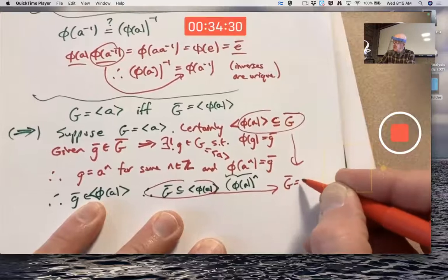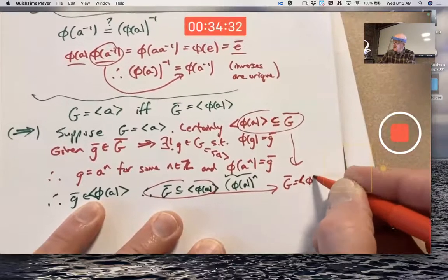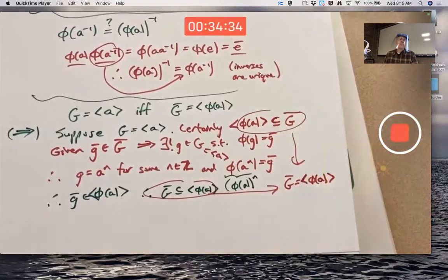Capital G bar equals the cyclic subgroup generated by phi of A.